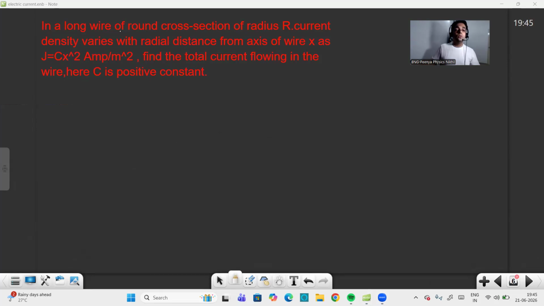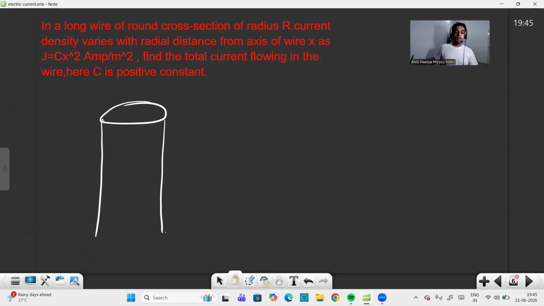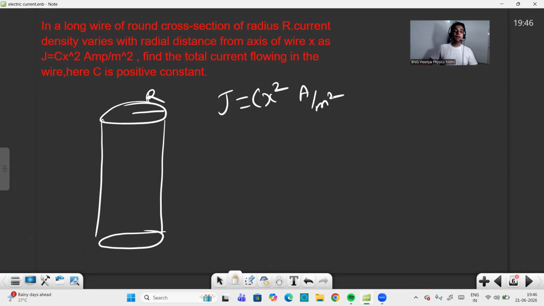Consider a long wire with a round cross section of radius r, and the current density is given as J equals to Cx square ampere per meter square. Now find the total current flowing in the wire.